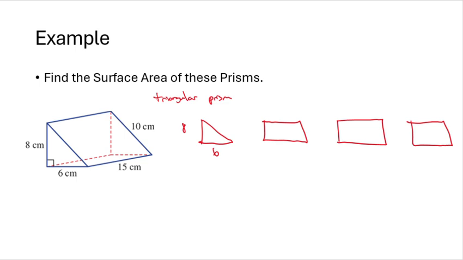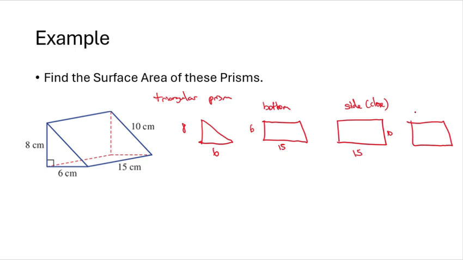Now, I will label these just to make sense. So my triangles here, I have 8 and 6 centimeters over there. For this first rectangle, I'm talking about 6 and 15. So this is the bottom. Now for my second rectangle, this is going to be the rectangle on the side, close to us, like from our perspective.